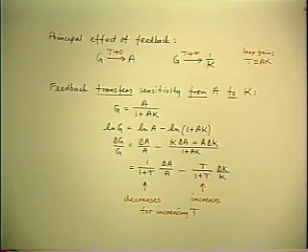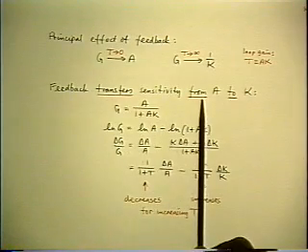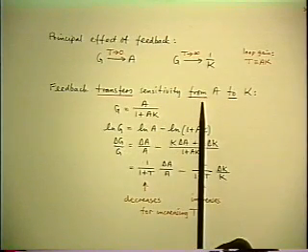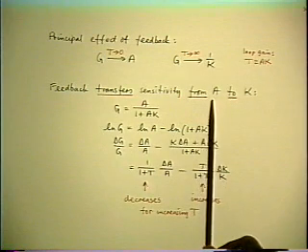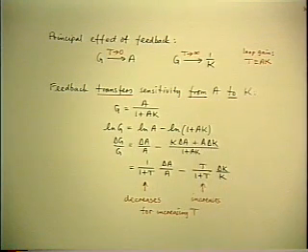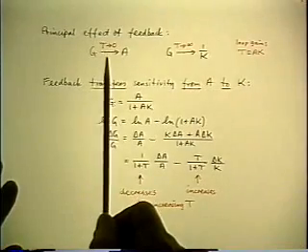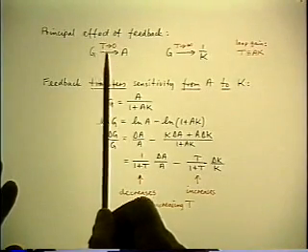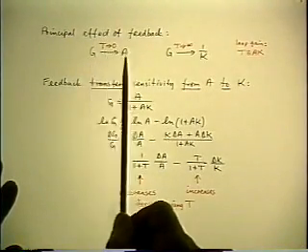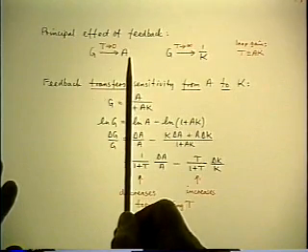What feedback really does is it transfers the sensitivity of the closed-loop gain from components in the A box to components in the K box. It doesn't get rid of it, it transfers it. And that's easy to see why by looking at the limiting cases. If the T goes to 0, G approaches A. That means you have no feedback.